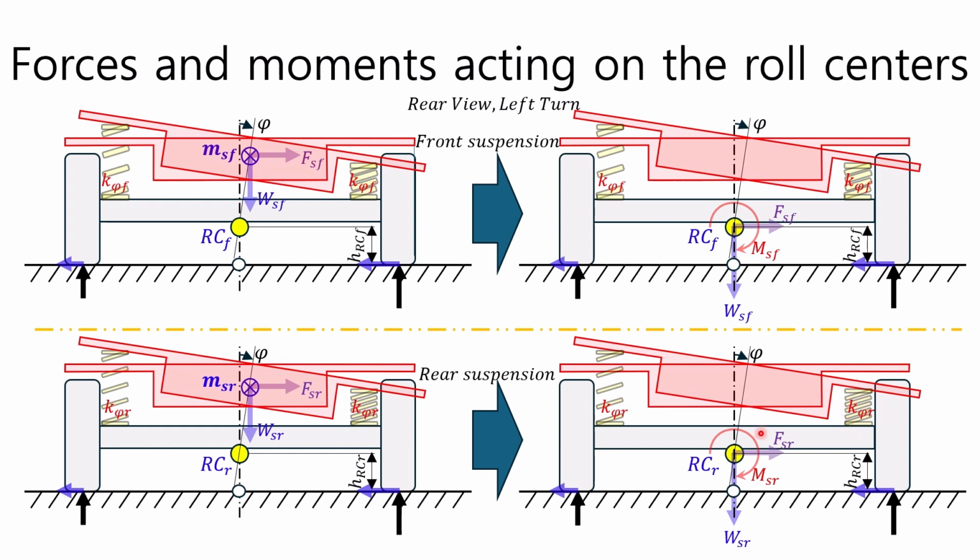In order to calculate the load transfer generated by these front and rear moments, we need to know the roll stiffness of the front and rear suspensions, respectively, and the roll angle phi of the entire sprung mass. Next, let's find out the force acting on the roll center.